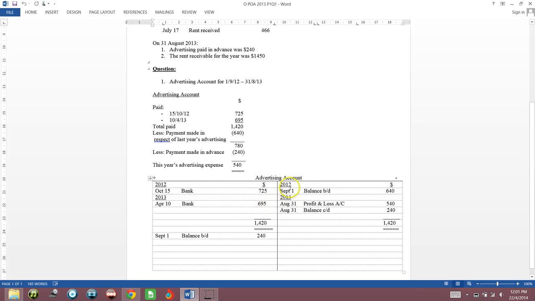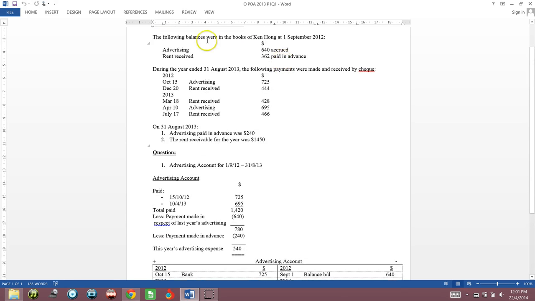Then here is 2012. This is the beginning balance. The balance brought down is on the credit side, because advertising owed was a liability. That means at the beginning of the year, on 1st September 2012, Ken Hong owes 640 for advertising expense.